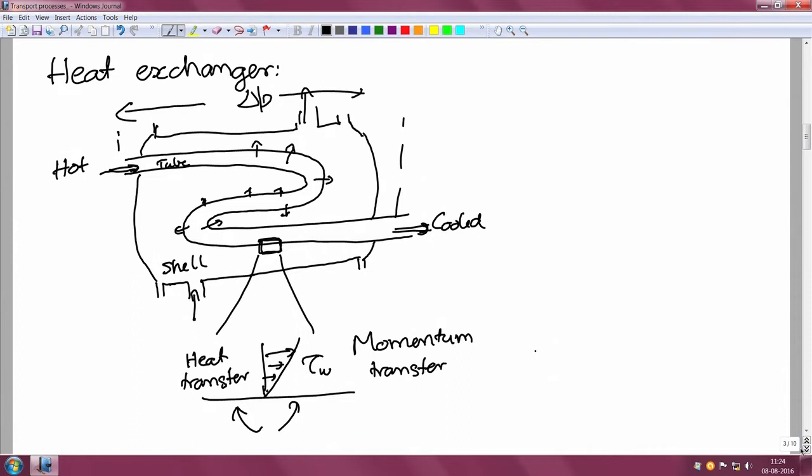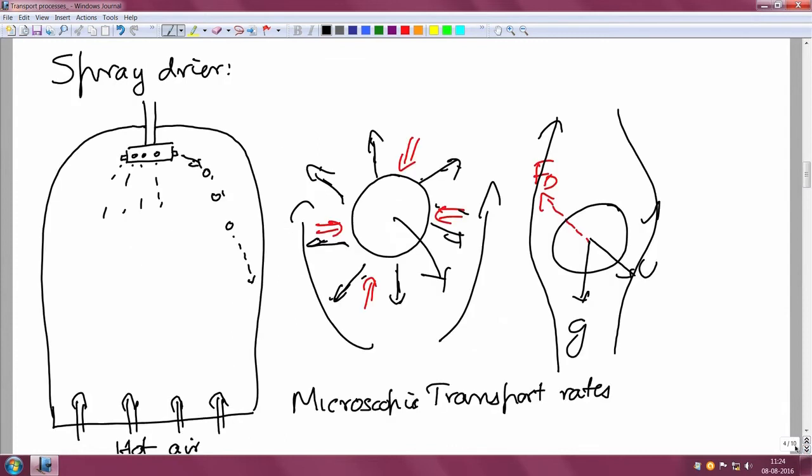Okay. And we had also taken an example of a spray dryer, which includes both mass transfer and heat transfer. In this case, droplets that are ejected from a surface have to cool and dry before they hit the wall of the spray dryer.